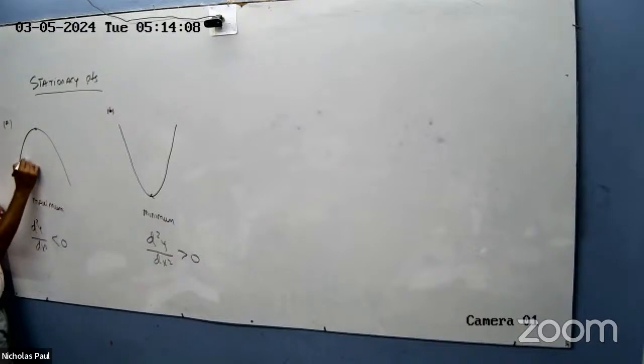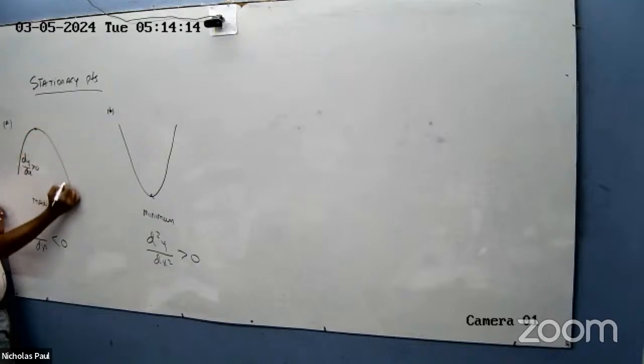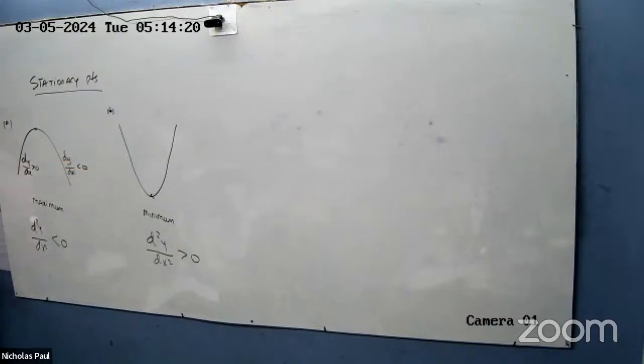Increasing, so dy/dx is more than 0 up till here, and on the next side dy/dx is less than 0. So the derivative test for a maximum point is if the first derivative goes from more than 0 to less than 0.